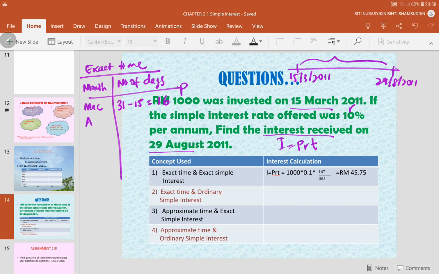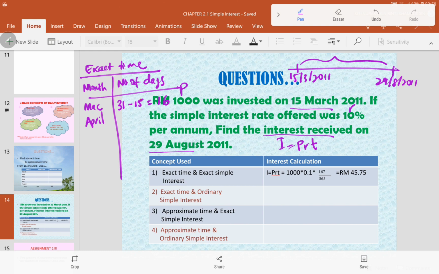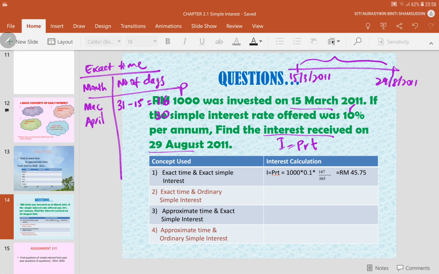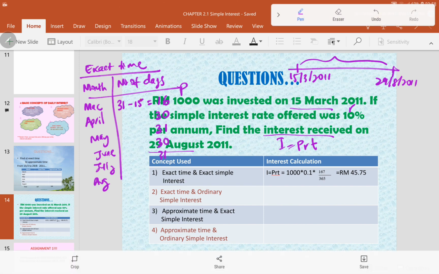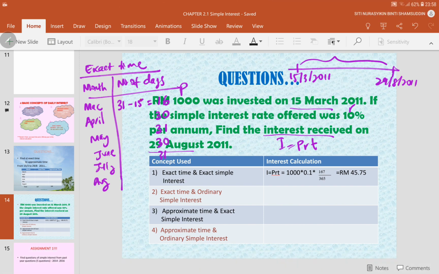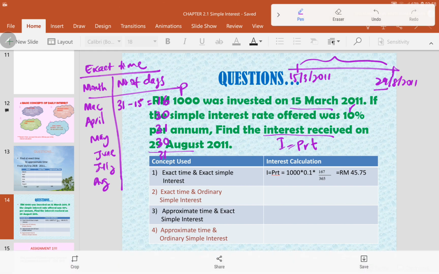Okay, what about April? April, kita ambil full months lah. Okay, April 30 days. Okay, then May 31 days. June ada 30 days. July ada 31 days. And August, okay, August memang ada 31 hari, but the investment stop until 29 hari bulan kan, 29 hari bulan.